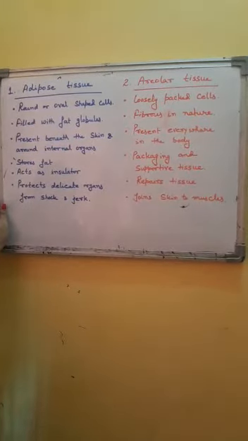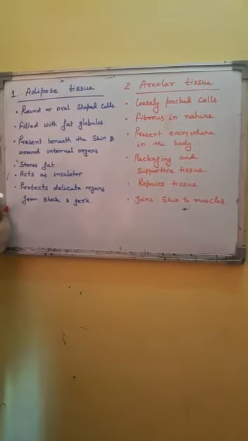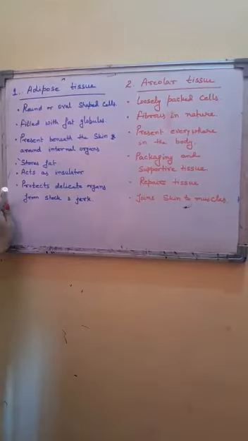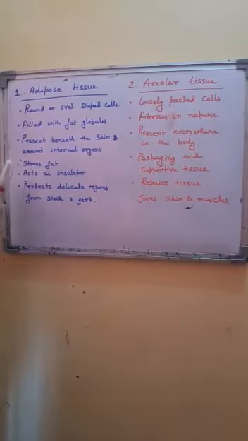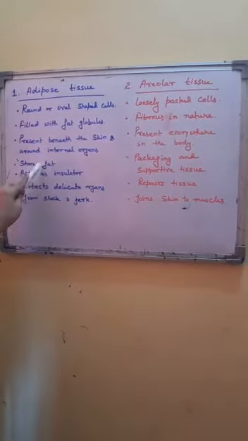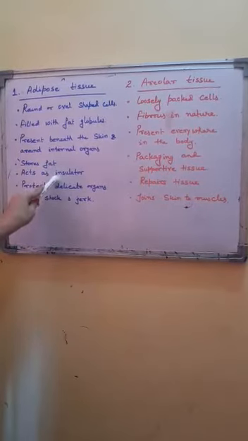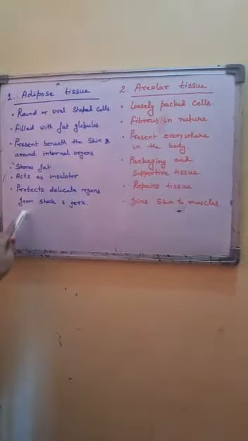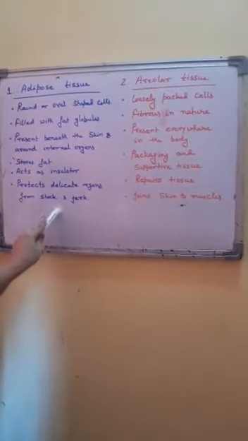Like it is present around kidneys and helps in their protection. So the basic function of adipose tissue is the storage of fat, and along with that it acts as an insulator and protects the delicate organs from shock and jerk.